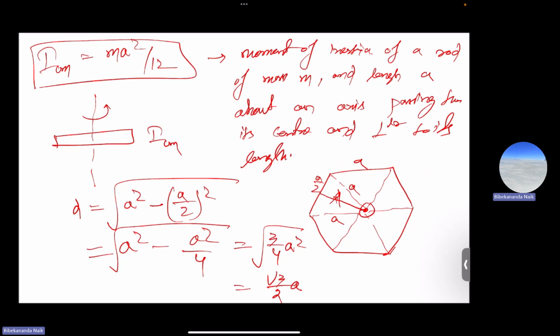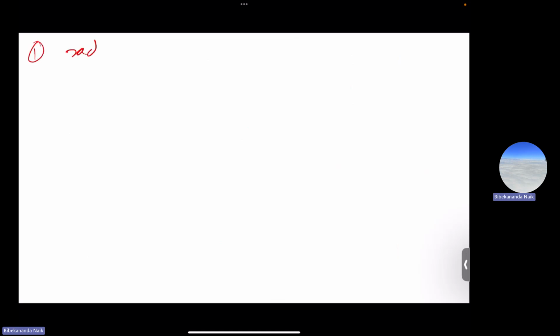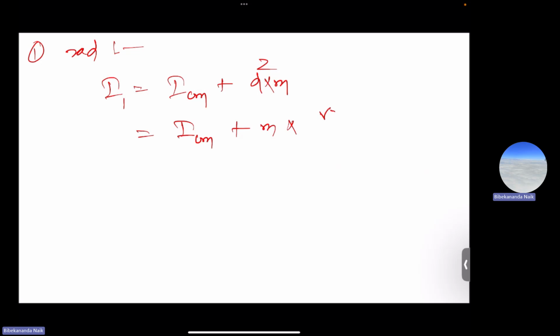So for one rod, I1 will be I CM plus d square into m. So I CM plus m into root 3 by 2 a square.